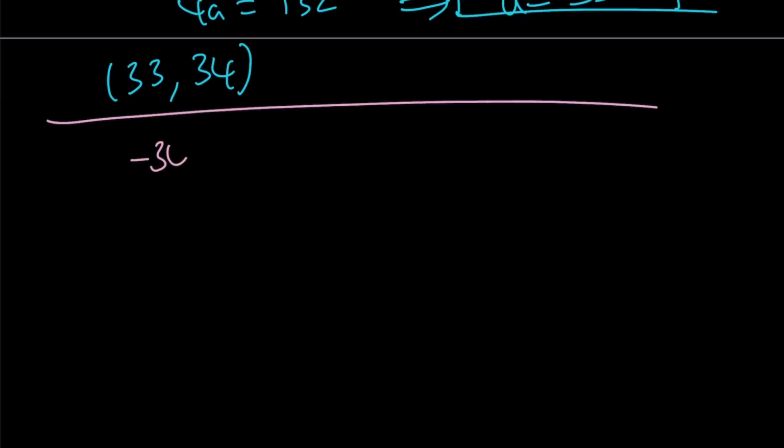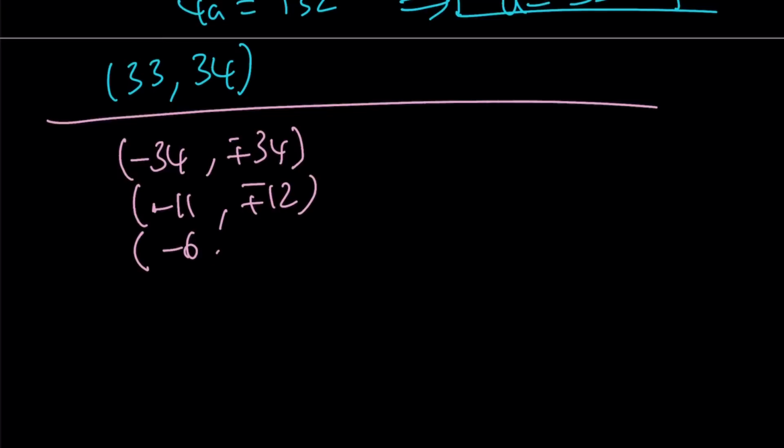Negative 34. By the way, b values can alternate plus minus because of the b squared. If you replace b with negative b, b squared doesn't change. But that's not the same thing for a. That's why you're going to see a lot of plus minuses. Negative 11, comma, plus minus 12, negative 6, comma, plus minus 8, negative 2, comma, plus minus 6, positive 1, comma, plus minus 6.